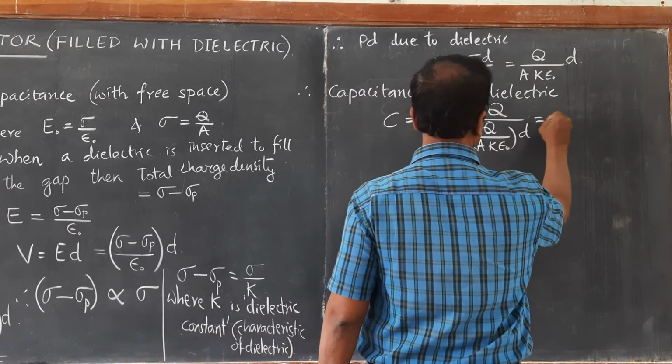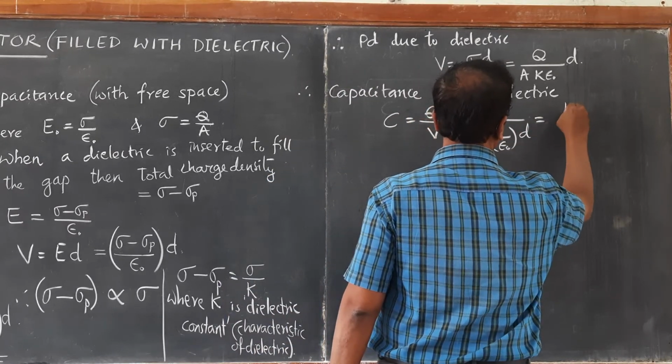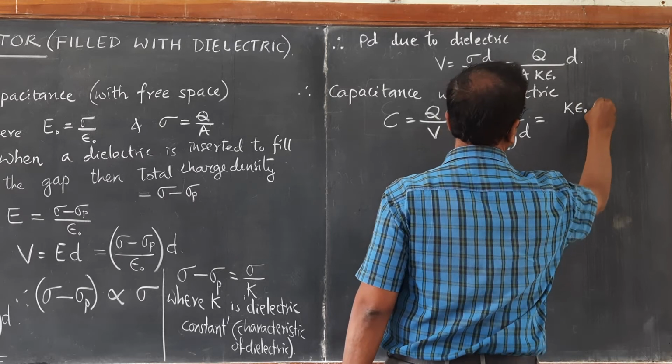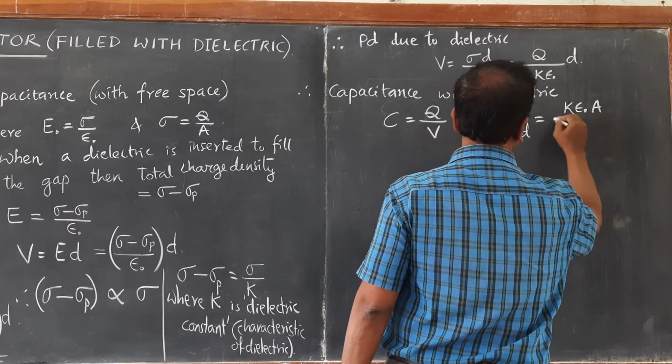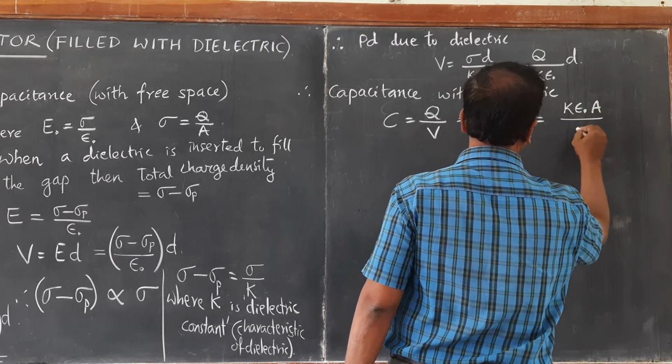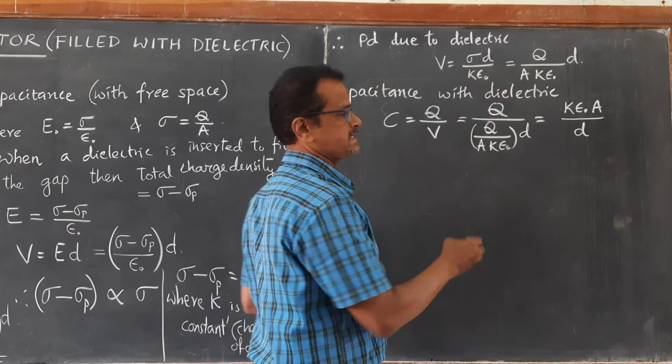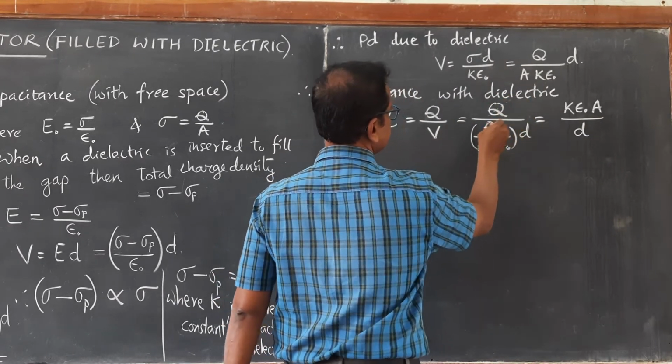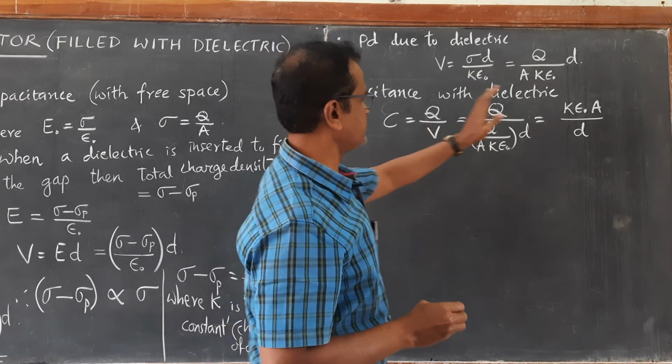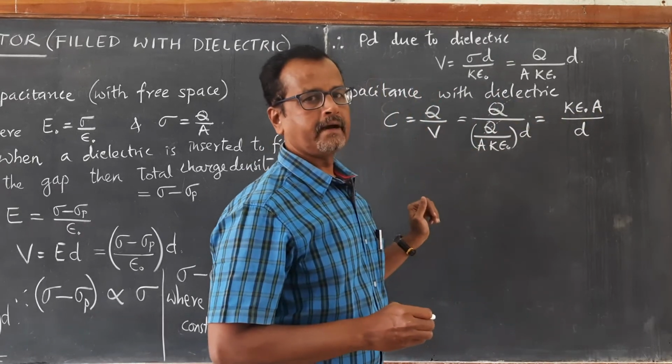So you are left with k epsilon naught A upon D, since Q gets cancelled. So this is the capacitance of the capacitor with a dielectric.